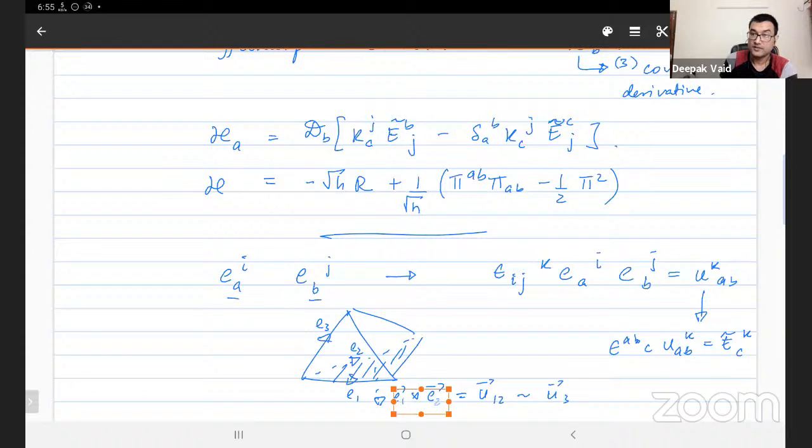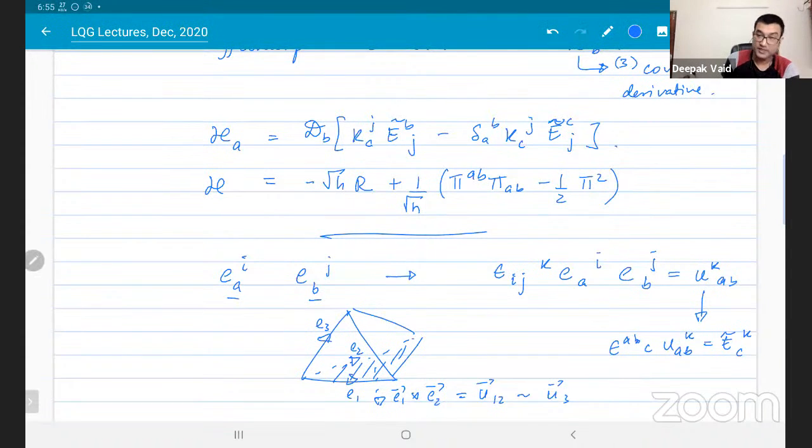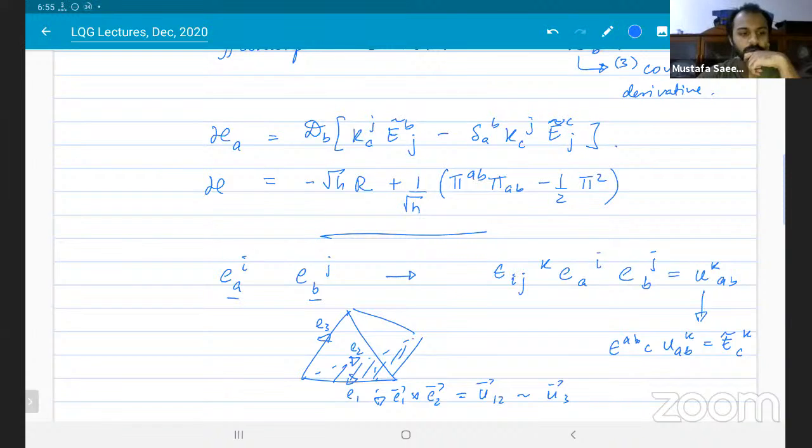Otherwise, each face, each one of the bivectors, would have two indices. Yep. Thank you.